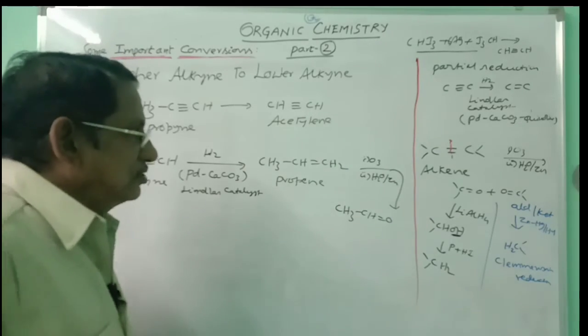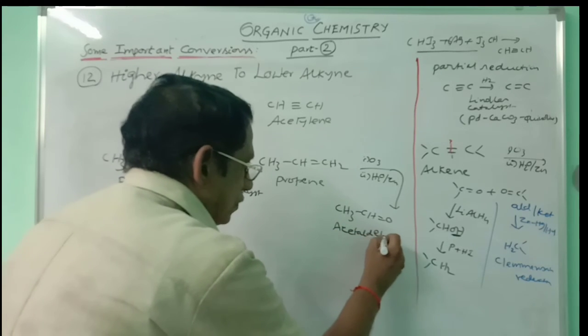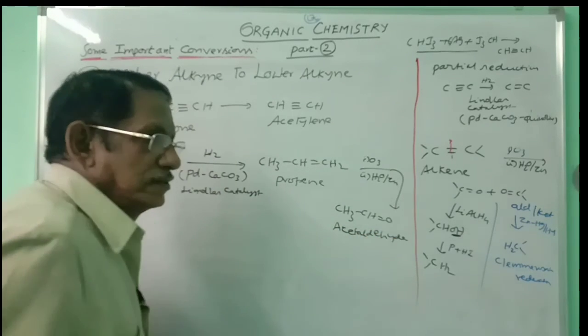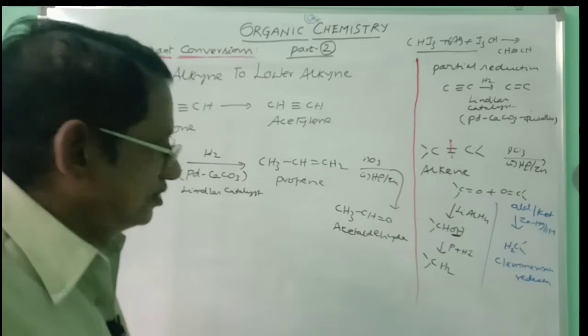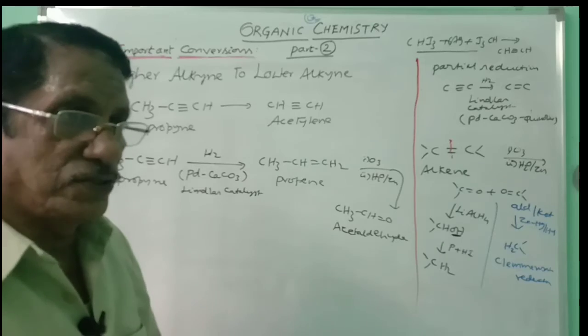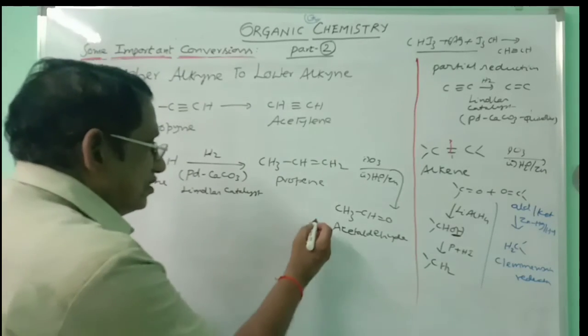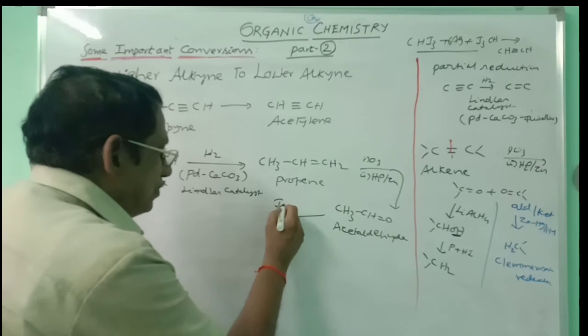Can't you convert acetaldehyde into iodoform? Try to recollect. In the case of aldehydes, only acetaldehyde gives the iodoform test. In the case of ketones, all methyl ketones give the iodoform test. In the case of the iodoform test, what is the reagent used here? I2 plus NaOH.